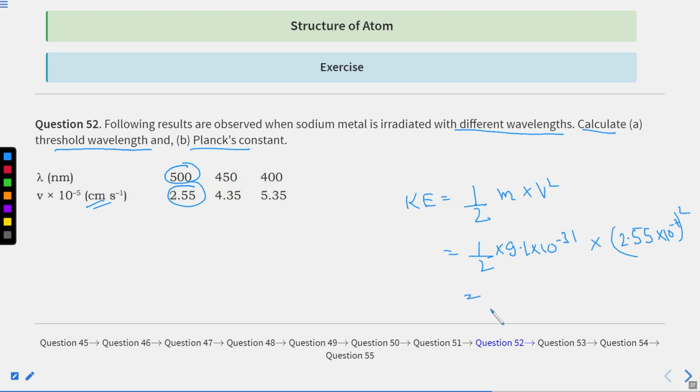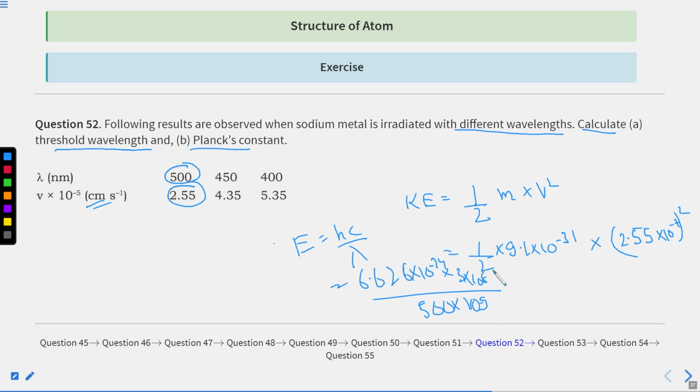Okay, so once we got the kinetic energy and we know the lambda is given, that would give us energy. Sorry, energy is equal to h c by lambda, 6.626 into 10 to the power minus 34 multiplied by 3 into 10 to the power 8 divided by lambda, 500 into 10 to the power minus 9.